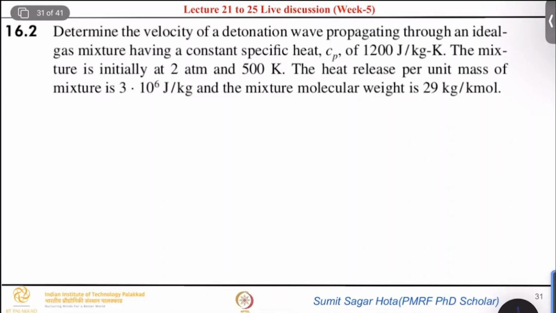Now we will solve two problems from the chapter on detonation, which is chapter 16. Now let's see the first question of detonation, 16.2.